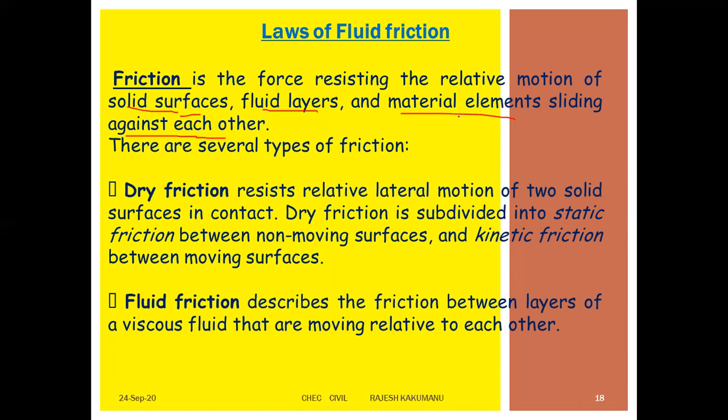Material elements, if you take a bearing, we have an outer race and an inner race. Between the outer race and the inner race you have steel balls. So with the steel balls, this is some sort of friction, ball bearing friction.